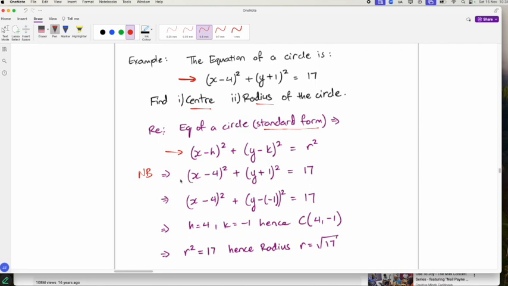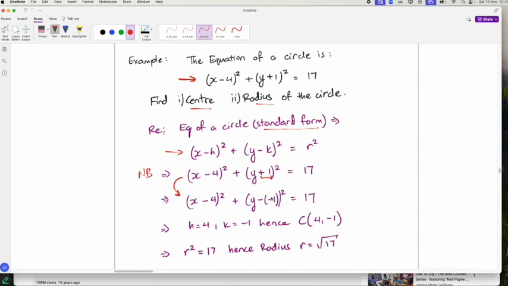And so you want to put it in the standard form, x minus h squared plus y minus k. So you see k is actually minus 1 in order for you to get plus 1 here. In the standard form, k would have to be minus 1. So be careful.